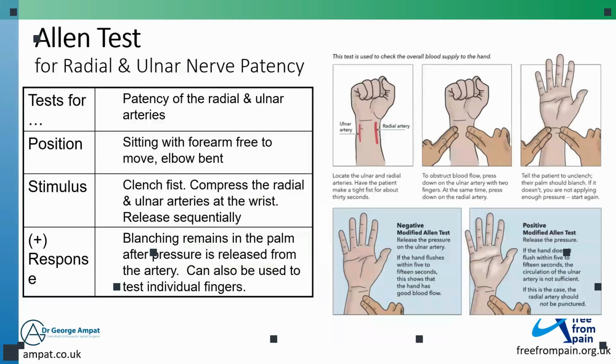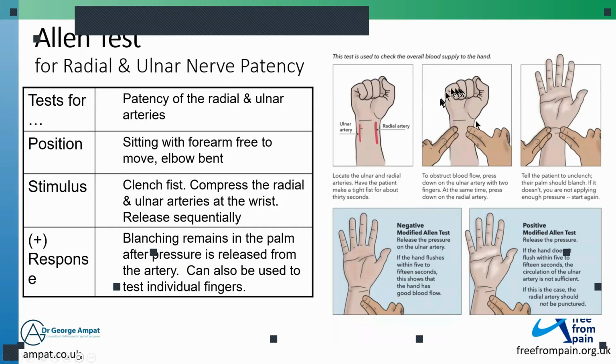Allen's test is to see the patency of the radial and ulnar artery. I said there are two arteries, but suppose there is an injury and you want to test whether the other artery is present or not. This is the way you test it. You clench the fist, and by clenching the fist, you're letting out the blood supply from the hand completely.